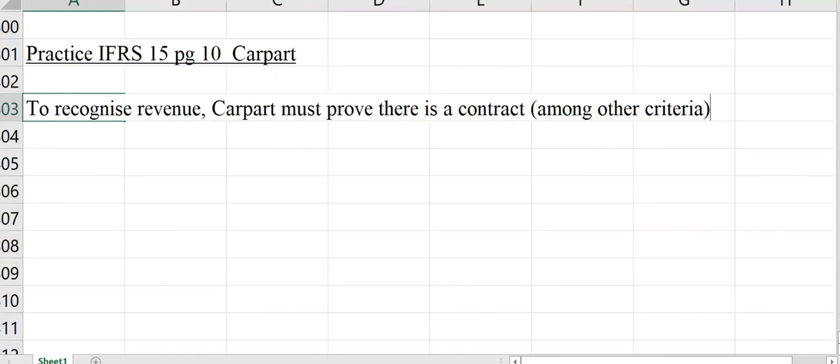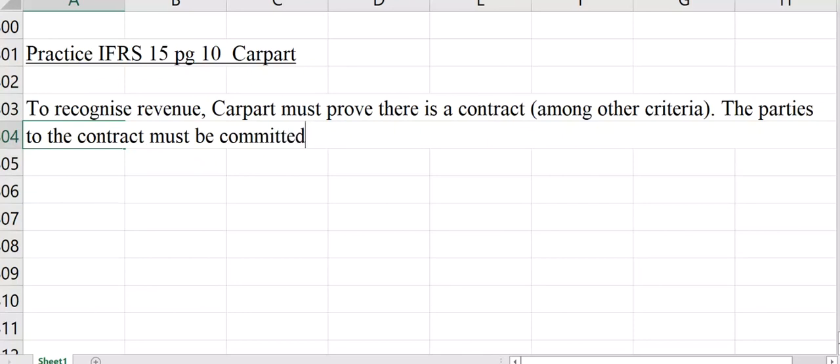Okay, proving there's a contract is only one step of the 5, among other criteria. Must be committed to complete.